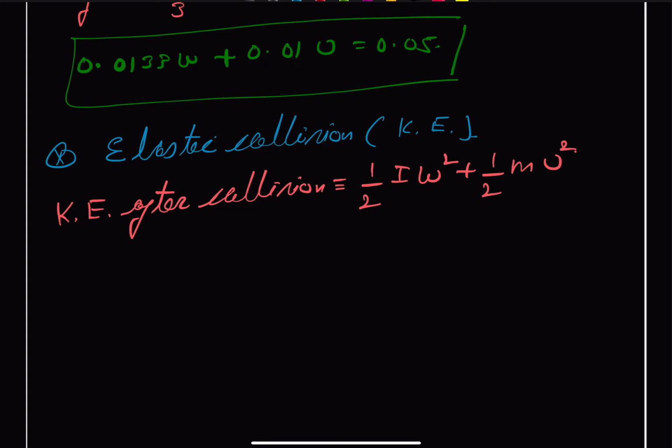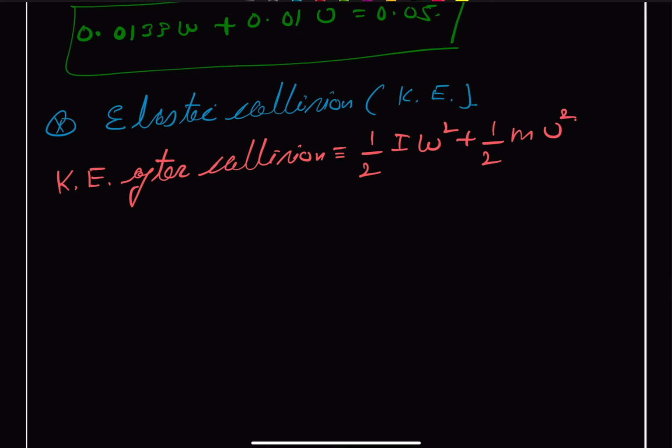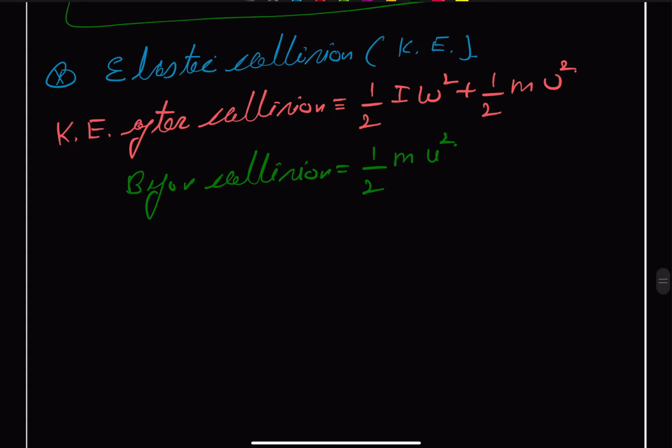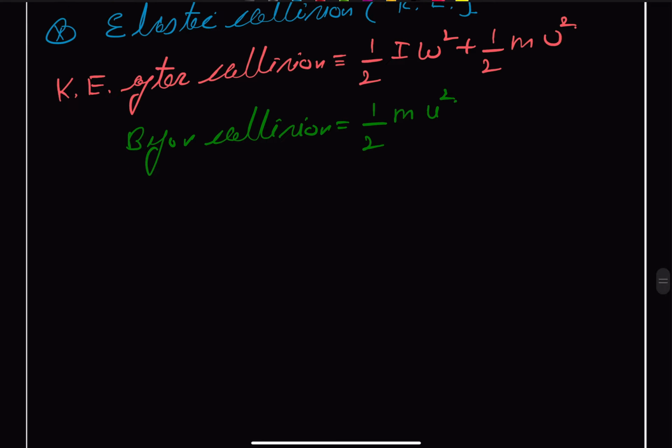And before collision will be equal to half m u square, and they will be equal to each other. Therefore half I omega square plus half m v square is equal to half m u square.